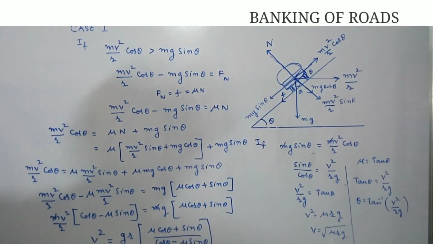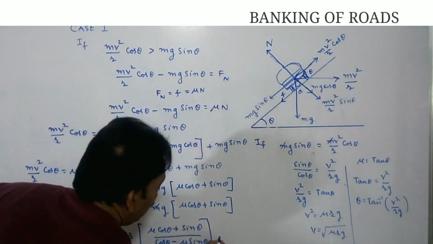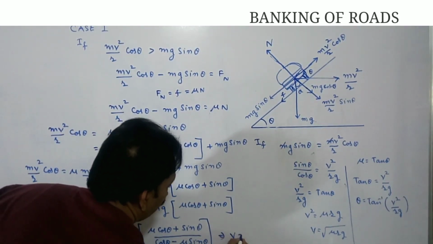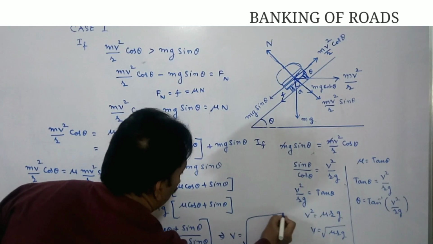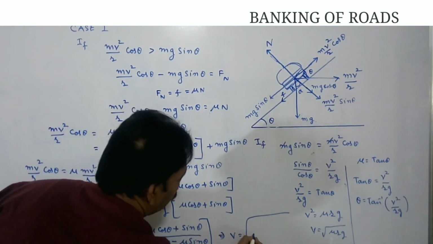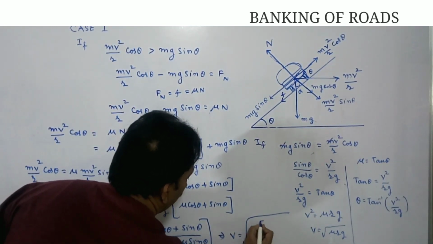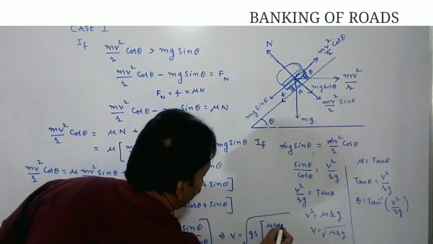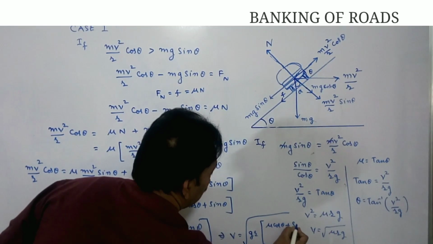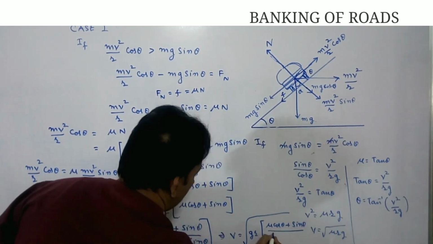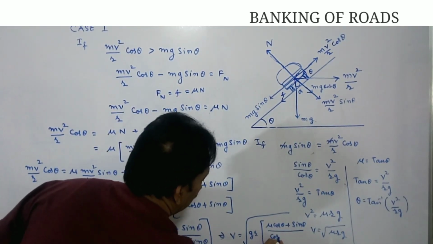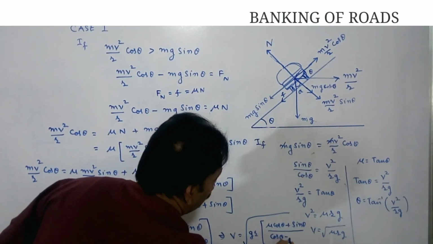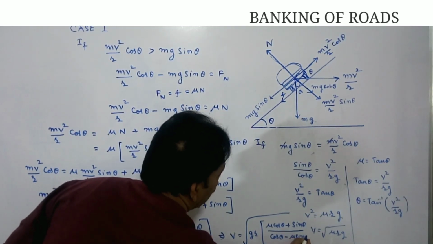Okay, students, from this we can write v is equal to under root of gr into mu cos theta plus sin theta by cos theta minus mu sin theta.